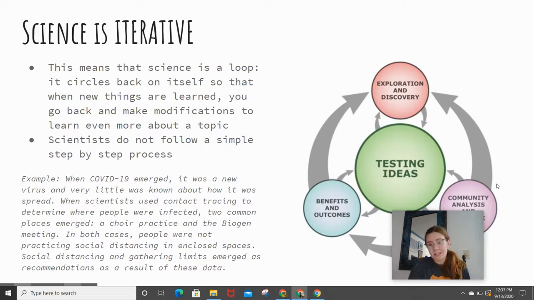So with COVID-19, early in the pandemic, back in February, people had no idea how it was spreading, but a couple common things that the super spreader events like the Biogen meeting and the choir practice in Washington had in common was that they were indoors and there was no social distancing. So that is what led to the recommendations to limit gatherings to only a small amount of people, to also socially distance, which I am not doing with my cat right now.